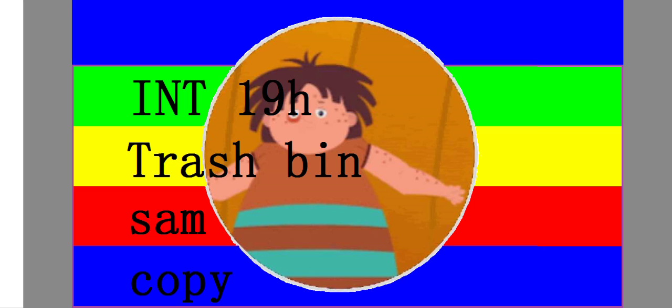The third keyword is SAM. The account and the password are encoded in the same files. When you enter safe mode, all files in the computer are open for anyone.